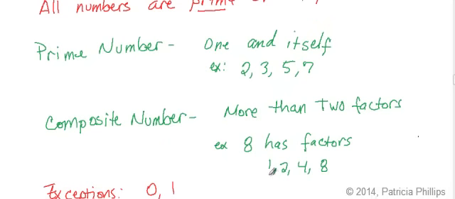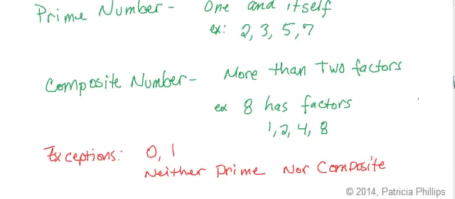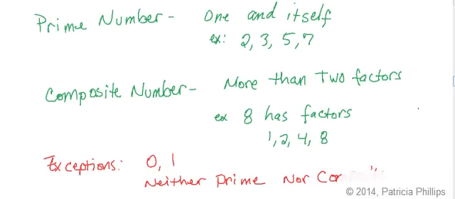So, you have 1 times 8, you have 2 times 4, 4 times 2, 8 times 1, etc. The exceptions, or I'm calling them exceptions, but really it's just further information, is that 0 and 1 are neither prime nor composite. They just don't fall into either one of those categories.